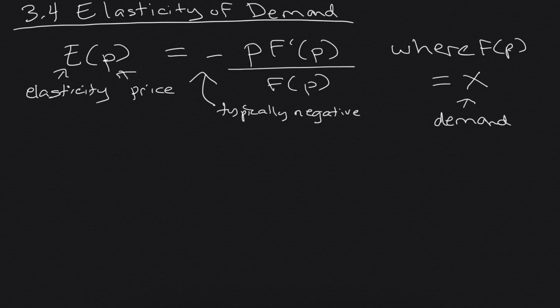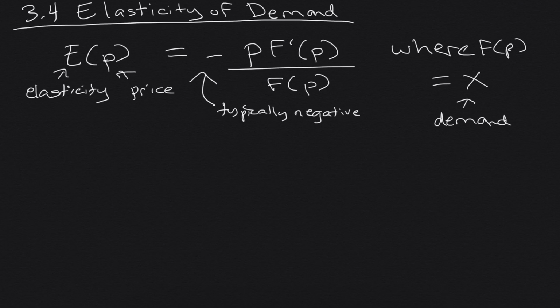And once we start talking about what this actually means, it's just a little bit easier for economists and other people who talk about elasticity to say, oh, the elasticity ended up being 3, or it ended up being 5, or it ended up being 0.5, instead of having to say -3 or -5 or -0.5. So that negative there is just a very convenient thing to have in our formula.